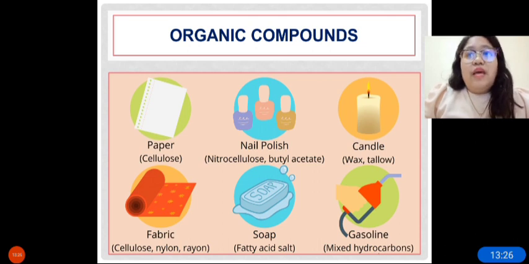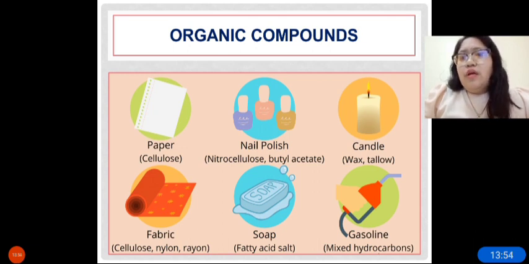And we also have candles. Candles are actually made from wax or tallow, which are organic compounds that can be burned to produce light. Next, we have fabric. Fabric can be made from a variety of organic compounds like cellulose, nylon, and rayon. These materials give fabrics their softness, durability, and flexibility. Then we have soap.